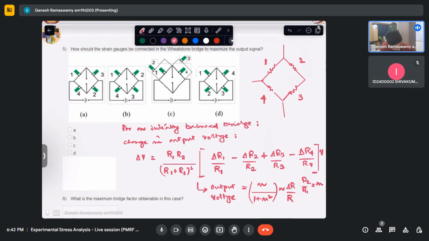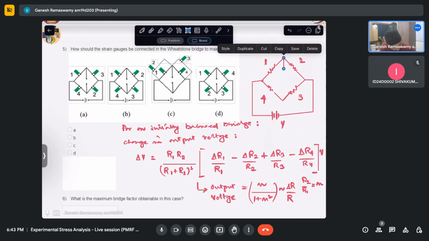We'll give the input here. This is the input voltage, and we basically have the output like that. This is the output, which we are trying to maximize.